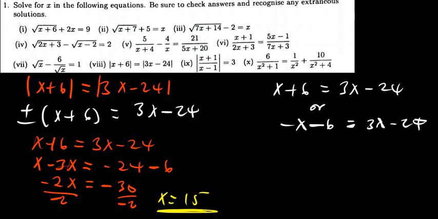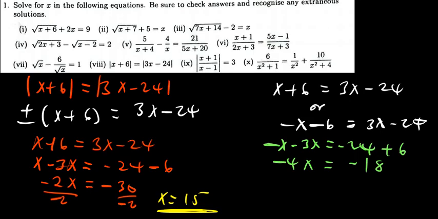And now let's do the negative. The one we multiplied by negative is this one. So negative x, I shift 3x, is going to be like that. Negative 24, then plus 6. This is going to be negative 4x is equal to, that one should be negative 18. Okay, negative 18.